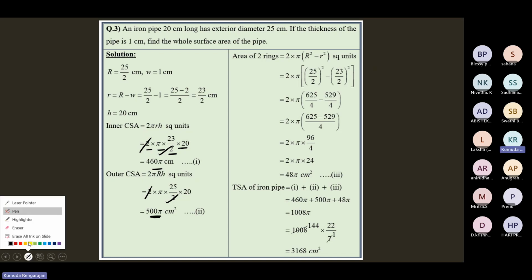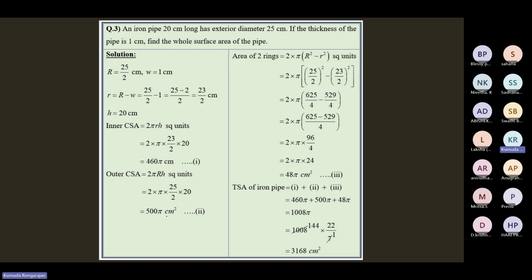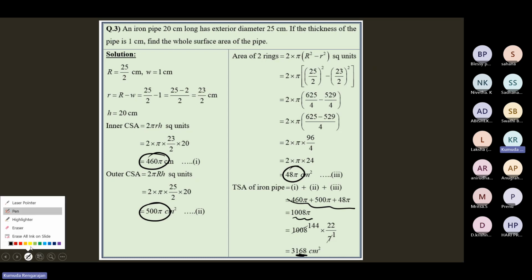Now the total surface area of this pipe will be 460 pi plus 500 pi plus 48 pi. So that comes to 1008 pi. Now use the value of pi 22 by 7. And the surface area is 3168 centimeters square.